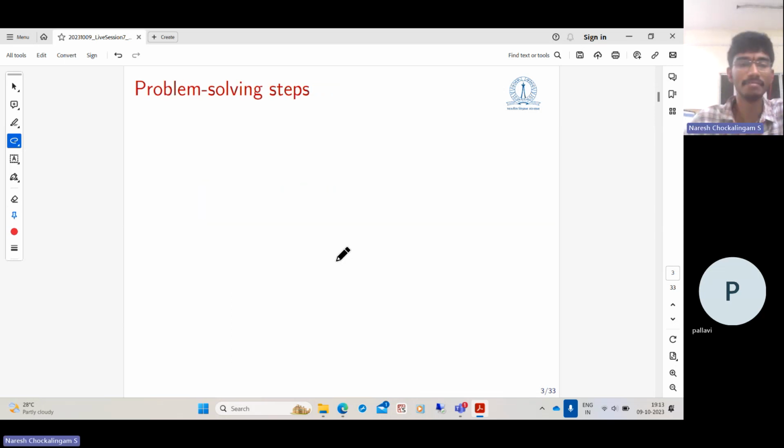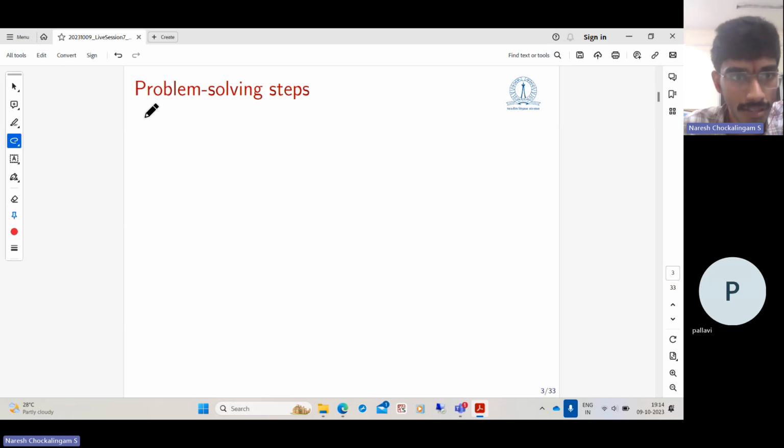The first part that we are going to look at today is steps to solve problems in strength of materials. For those of you who have attended my previous sessions, I would have already listed the steps for solving problems in engineering mechanics. In strength of materials, we have a few more steps.